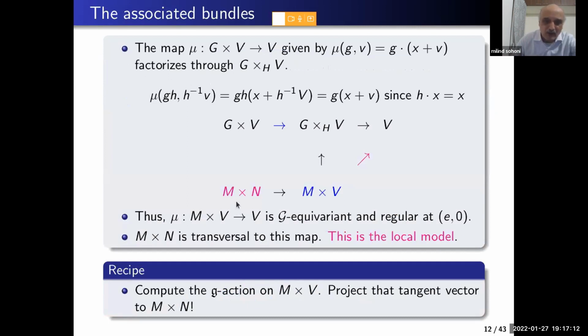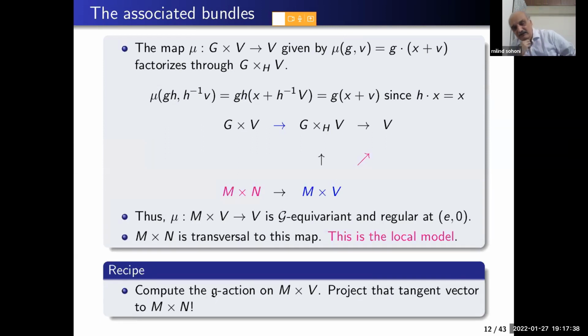Here is our M cross N, and what we do is we look at GXHV to V, and just immerse this M cross N into this. You can count dimension. There's the right dimension, and at e comma 0, that's at the point X, it is actually transversal, and everything works out. So this is the local model at the point.